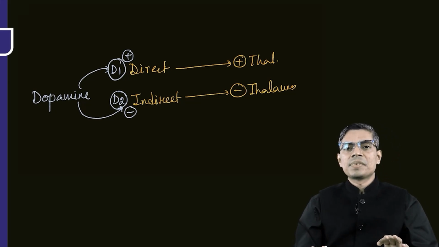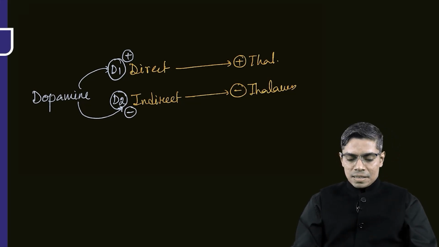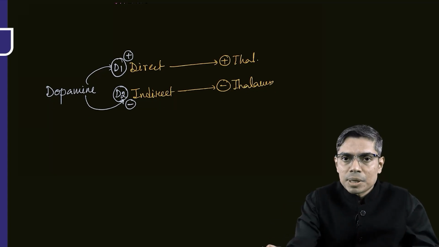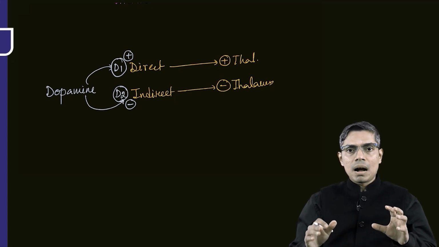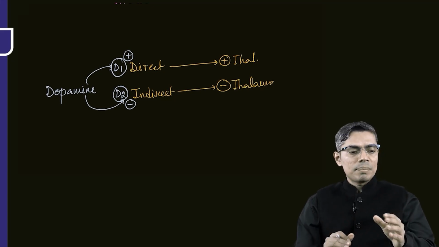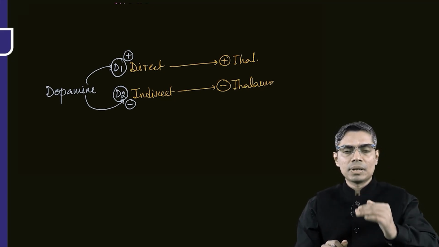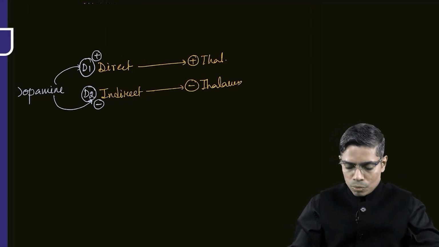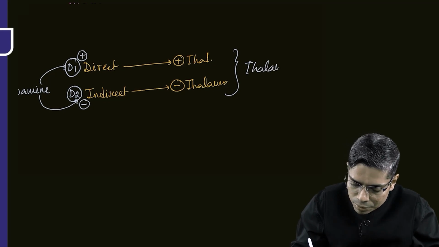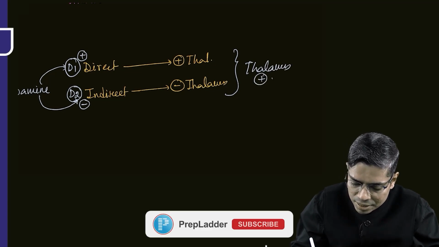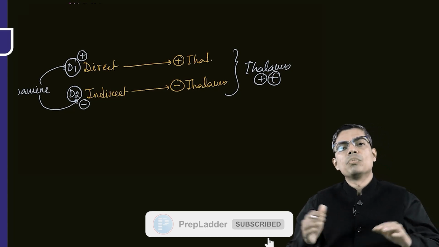So basically, dopamine is stimulating the direct pathway and inhibiting the indirect pathway. Means ultimately dopamine is stimulating the stimulatory pathway and inhibiting the inhibitory pathway. So because of this dopamine, the thalamus will get excitation through both pathways.